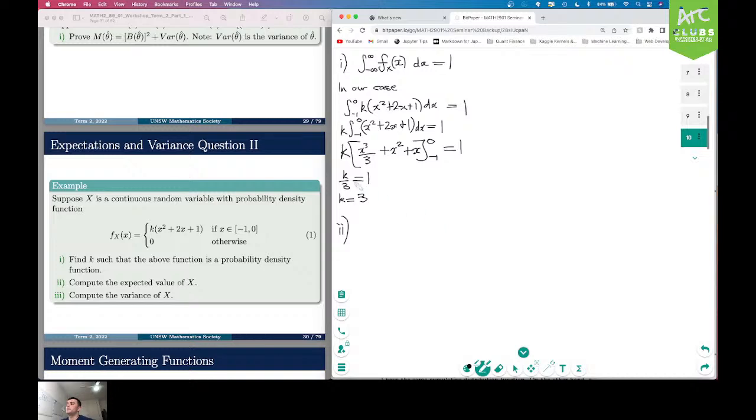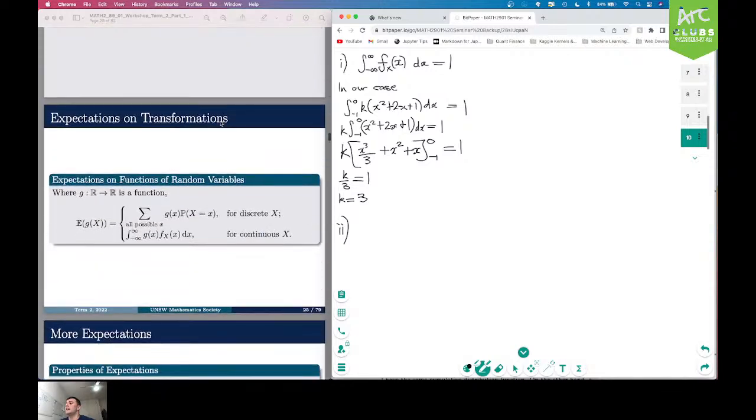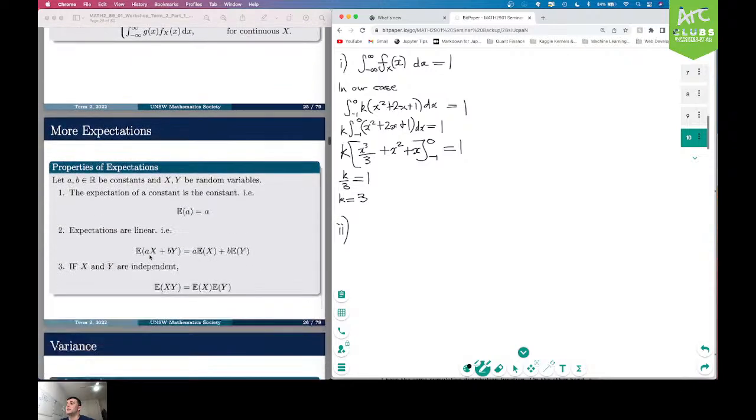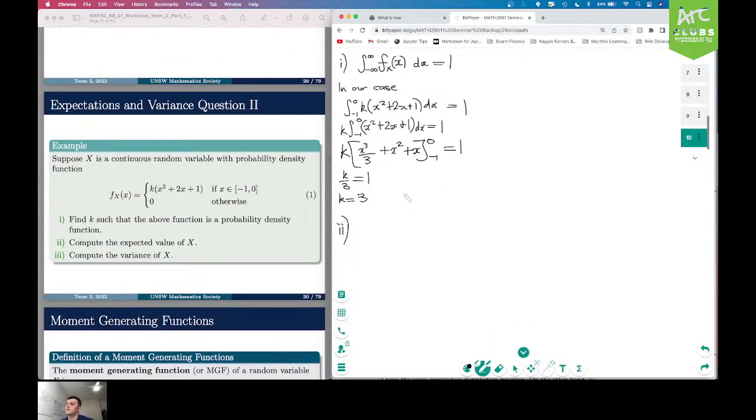So now what we have to do is compute the expectation of x. Now what you'll notice is that the expectation of x was defined in terms of an integral earlier, and that's exactly what we're going to do now. So generally speaking, the expectation of x is equal to the integral over your entire support of x f of x dx. Now, in our case, our bounds will be a little bit different, so we just have to account for that.